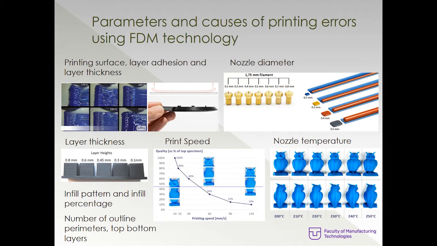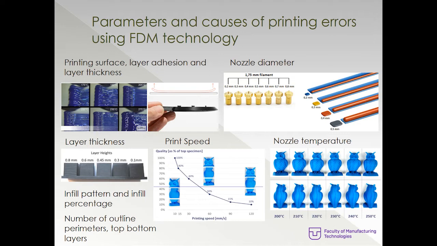Next parameter is layer thickness. In FDM printing it is possible to see different layer heights, with layer heights of 50 to 800 microns in use. Next parameter is nozzle diameter, variable from 0.2 mm to 3 mm based on the used filament diameter.